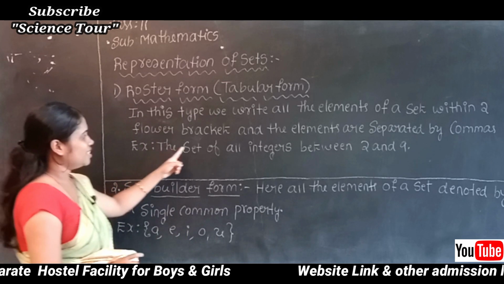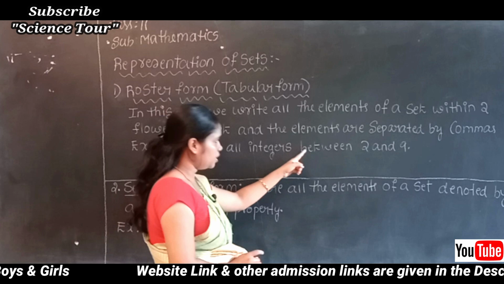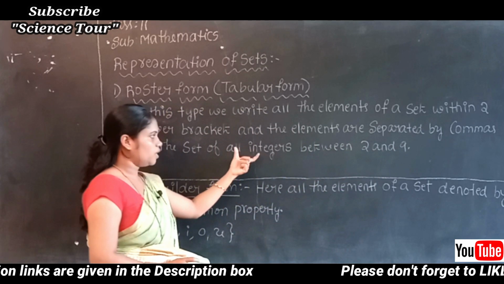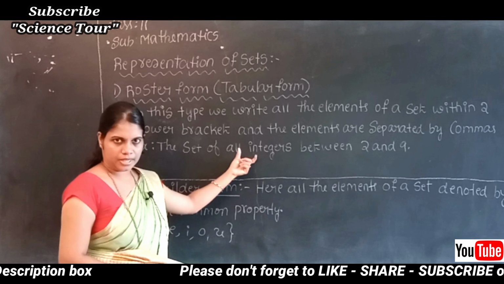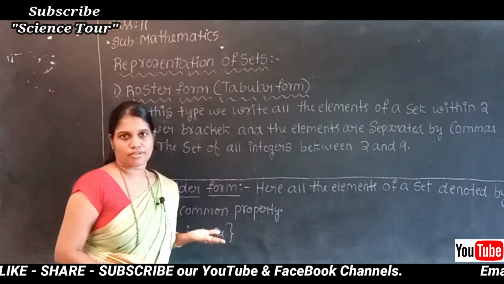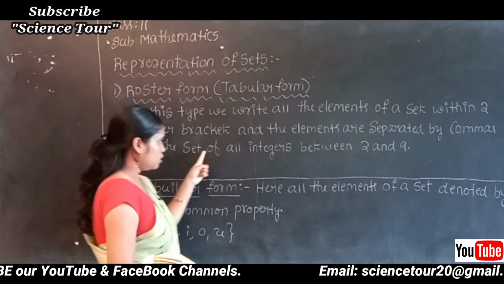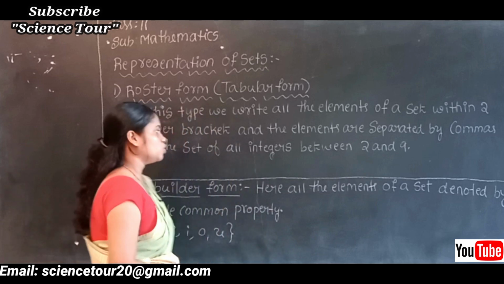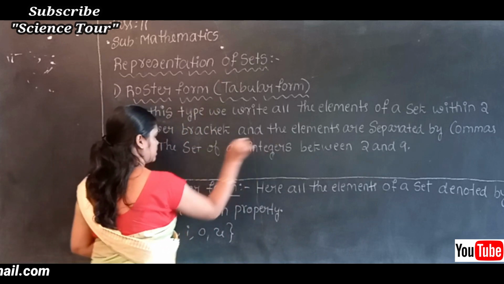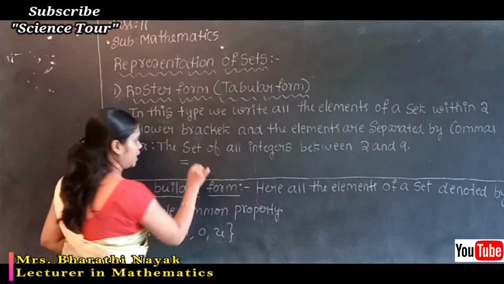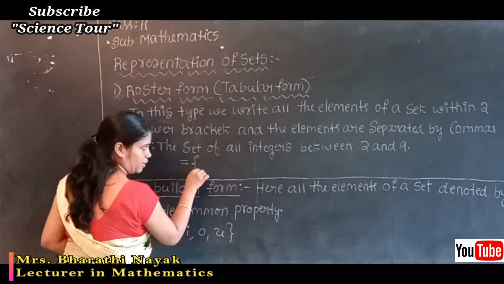The set of all integers between 2 and 9. This is one example for this set, isn't it? So how do we write this set in roster form? The roster form of this is given by equal to, and remember we have to take a flower bracket.